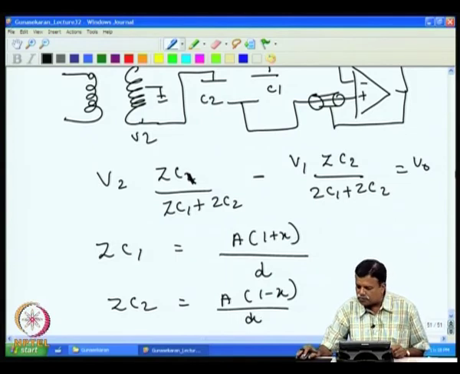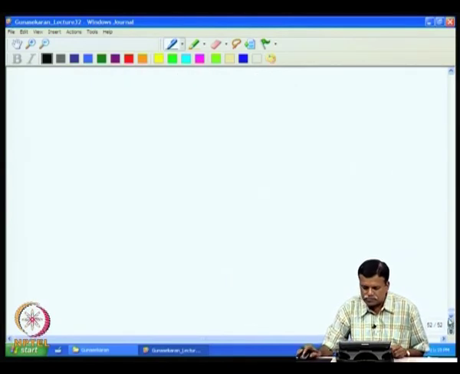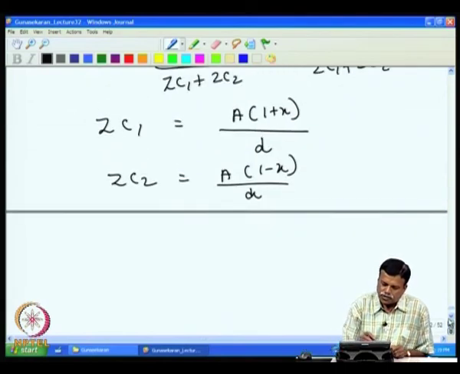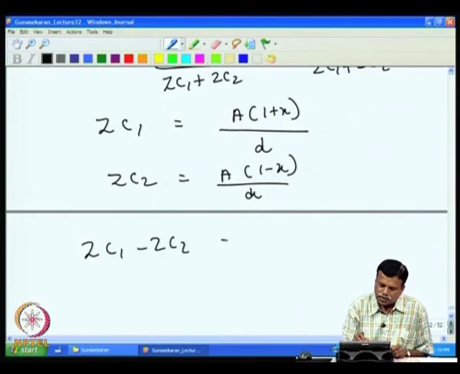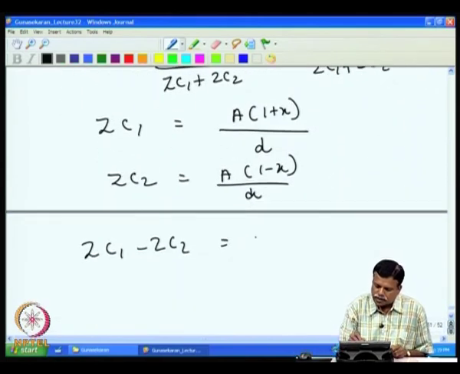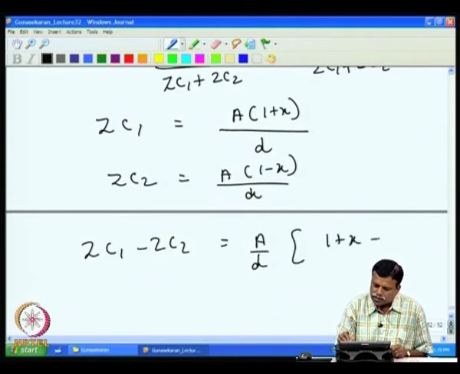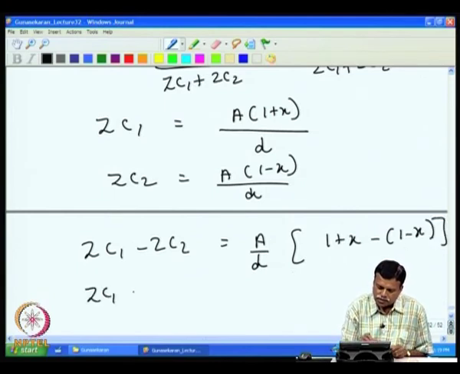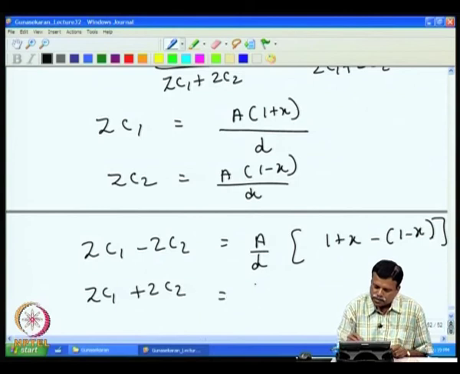If you simplify, ZC1 minus ZC2 will turn out to be, A by d being common, 1 plus x minus of 1 minus x, and ZC1 plus ZC2 will turn out to be A by d, which is constant, into 1 plus x plus 1 minus x.